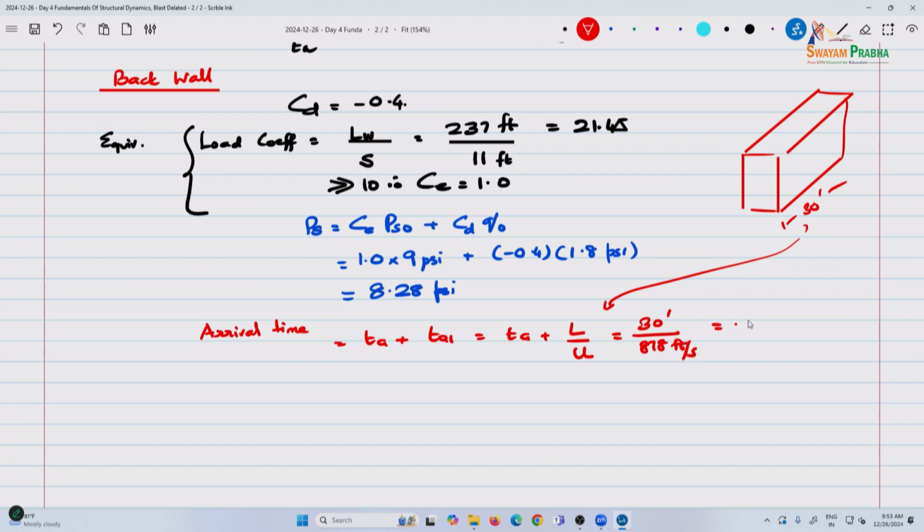So this is 0.034 seconds. Then the rise time is S over U, which is the same, 11 divided by U, which is 878.